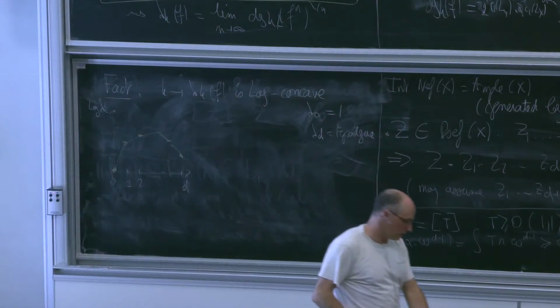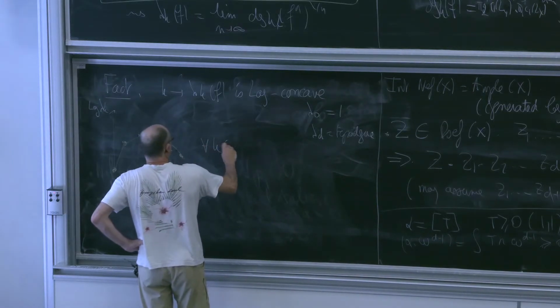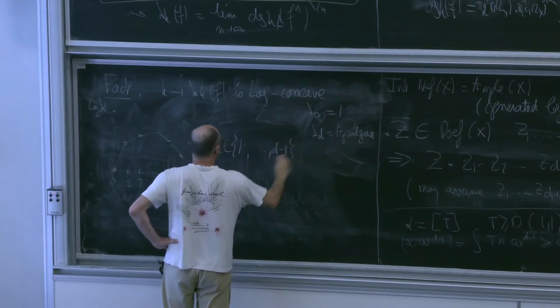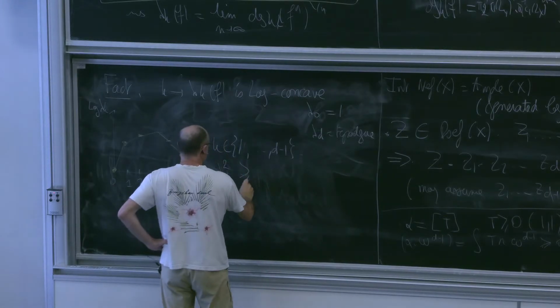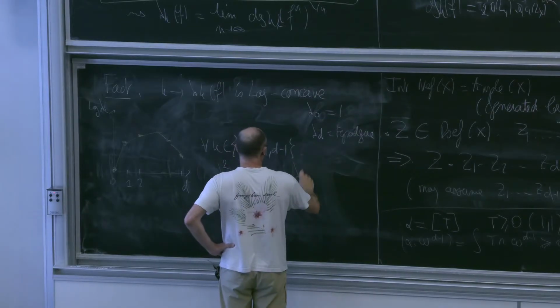So in other words, for all k between 1 and d minus 1, lambda k squared is at least lambda k minus 1 times lambda k plus 1.